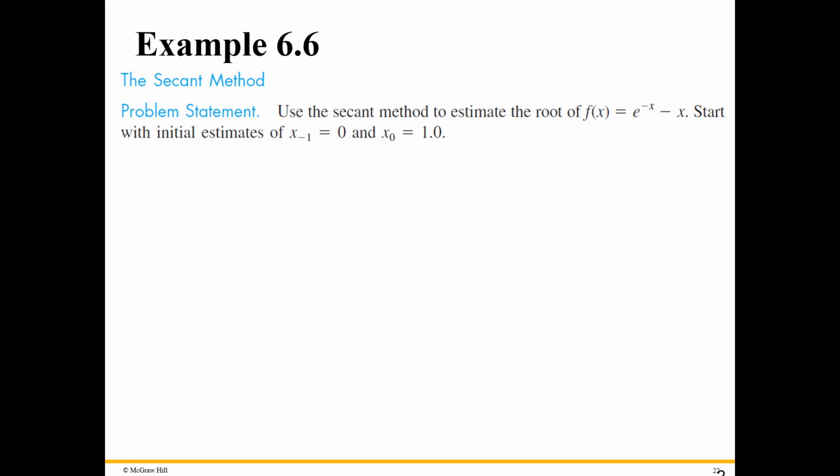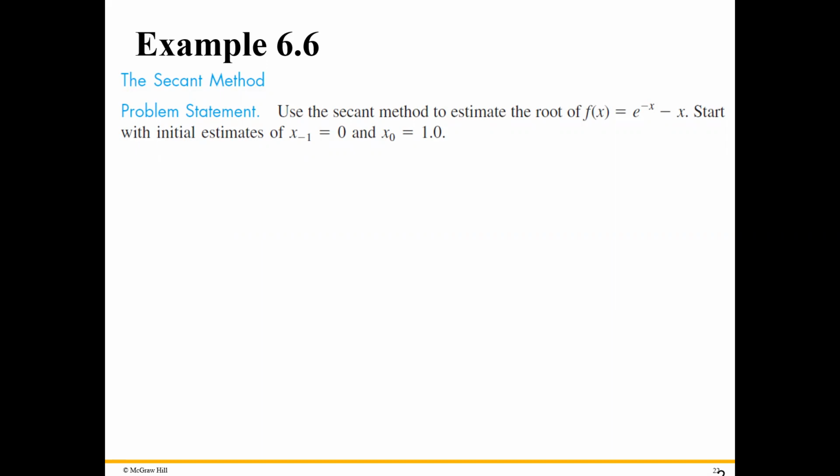In the Newton-Raphson method, last time I identified the drawback that it will be difficult to use if you cannot easily find the derivative of that function. So in that case, we cannot use the Newton-Raphson method very efficiently.